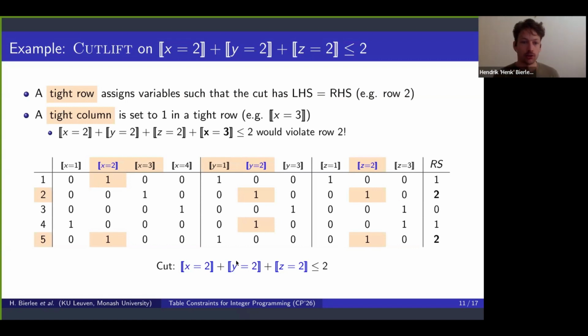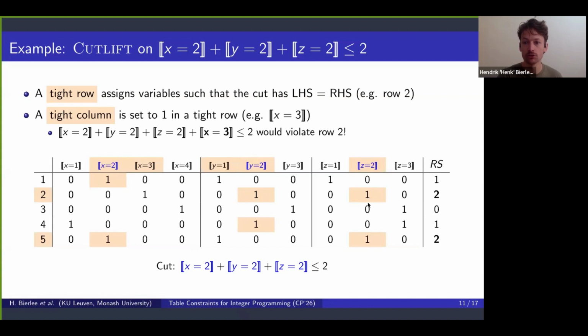To ensure that we are not suddenly violating any of the rows, we introduce the concepts of tight rows and tight columns. Now, a tight row, such as row 2, is one that assigns a variable such that the cut has no slack, in the sense that the left-hand side is equal to the right-hand side. So row 2 is such a tight row, because if you have this cut here, then okay, x equals 3 is not in the cut, so that one doesn't matter, but y equals 2 is set to 1 by row 2.